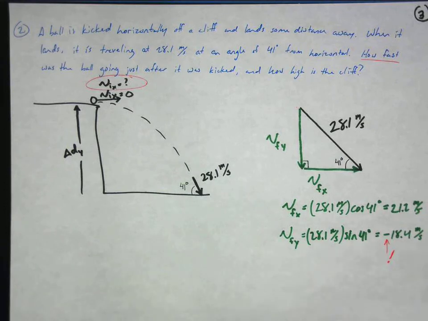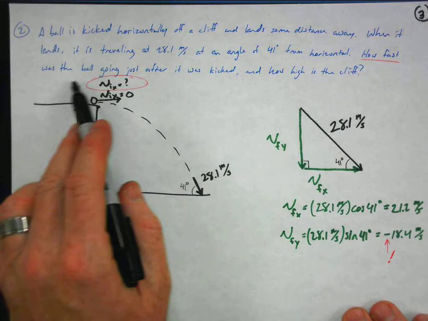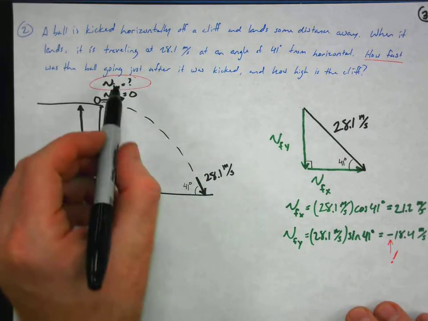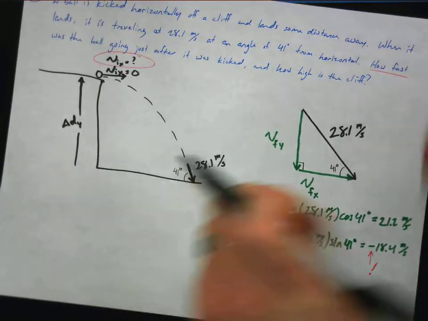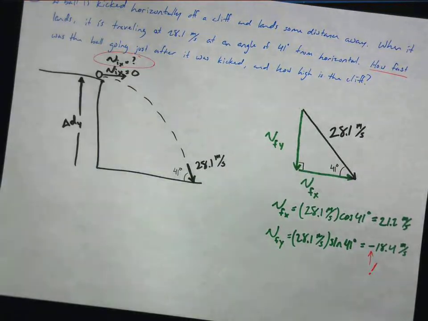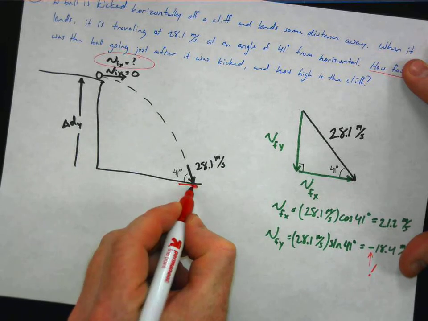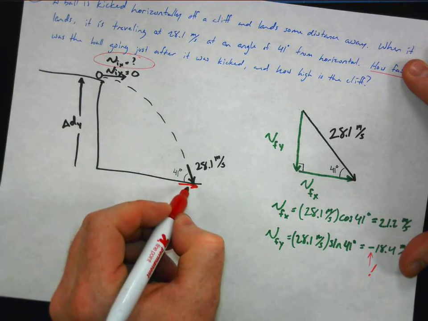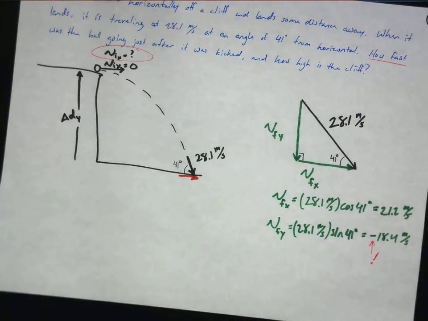So actually, believe it or not, we've already answered the first question. And the reason is this. The first question, how fast was the ball going just after it was kicked? So it's this velocity here. The thing about it is that velocity horizontally is the same beginning and ending. That doesn't change. And it doesn't change because there's no forces acting horizontally.